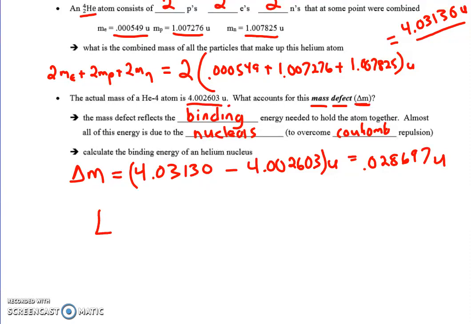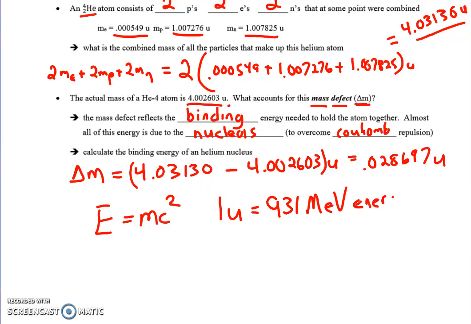So the energy that we have is still mc squared, but we can't use this form because m is not in kilograms. I can't stick in 0.028 U multiplied by c squared to get the energy. It wouldn't work out. So what I do instead is use the idea that 1 U of mass is equivalent to 931 MeV of energy.